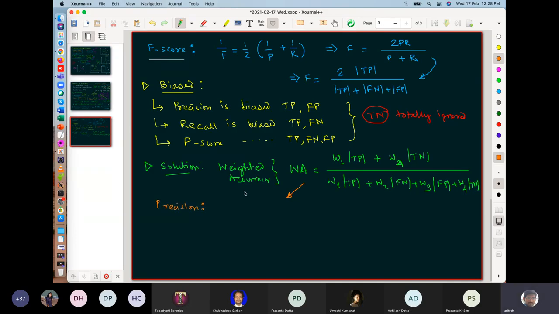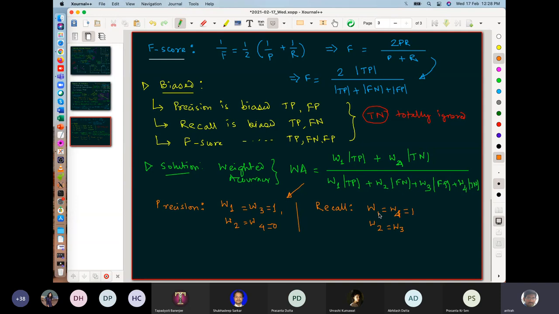If you have to construct the precision, your precision is basically TP divided by TP plus FP. So therefore, you will keep W1 and W3 as 1, W2 and W4 as 0. If you have to construct recall, you can easily see that you will keep W1 and W4 as 1, W2 and W3, am I correct?